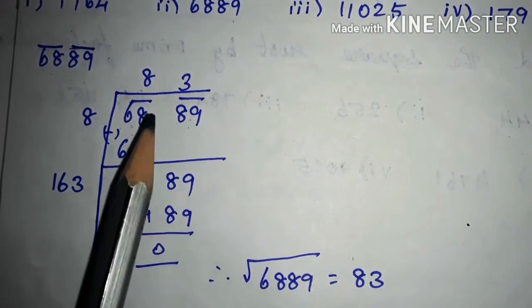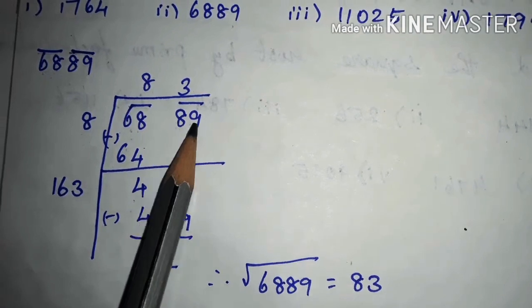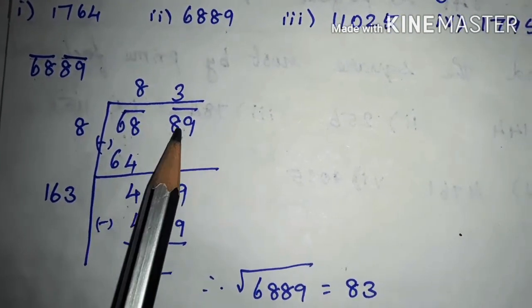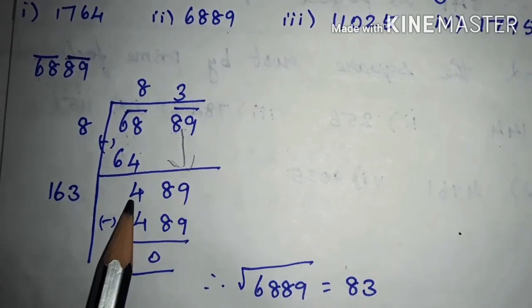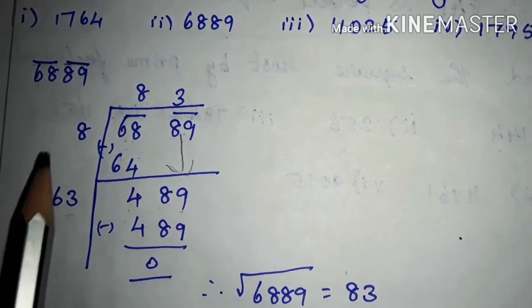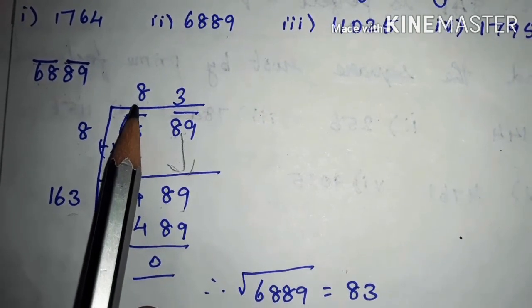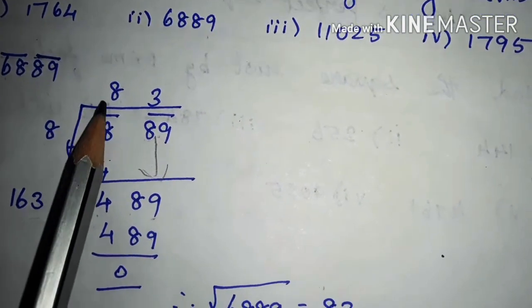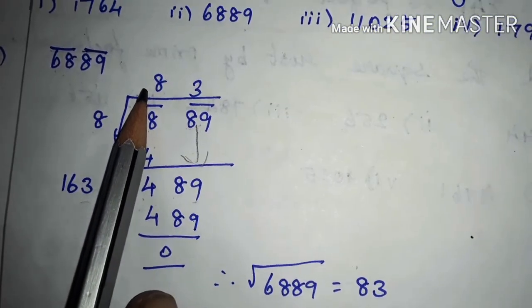After subtracting, you have to bring down the next two numbers. That is, we are grouping 8 and 9 as one group, and you bring down these two numbers. We get 489. For the quotient, I already have 8. We are finding the square root, so we multiply this 8 by 2.